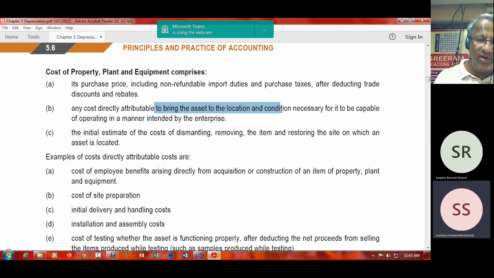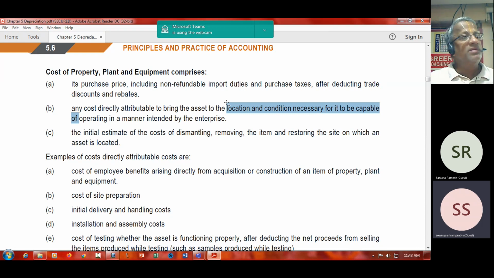Installation charges were all included to bring it to the location and condition necessary to be capable of operating as intended by the enterprise. Installation charges, freight, etc. will be taken up. Not included in the syllabus in higher secondary. Sanjana?